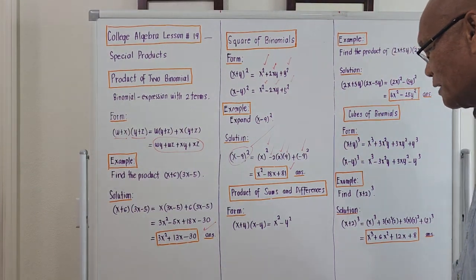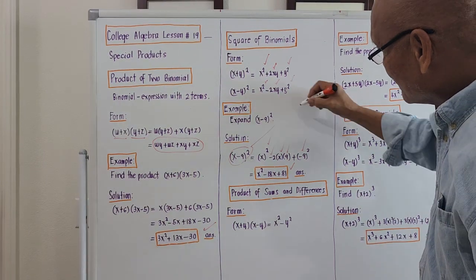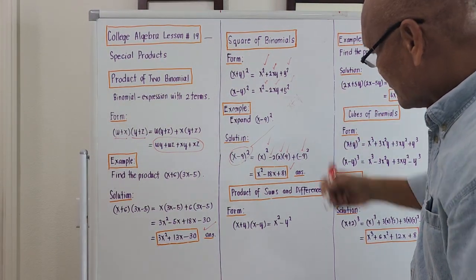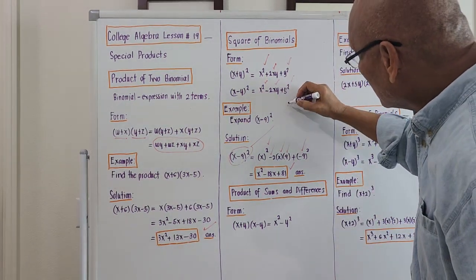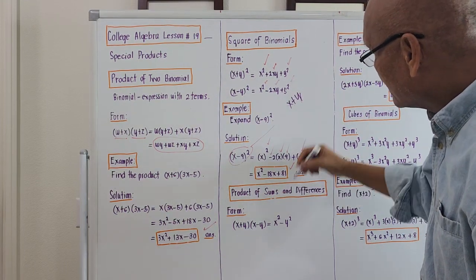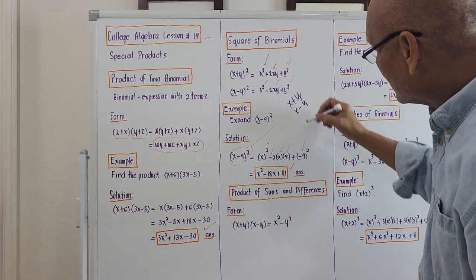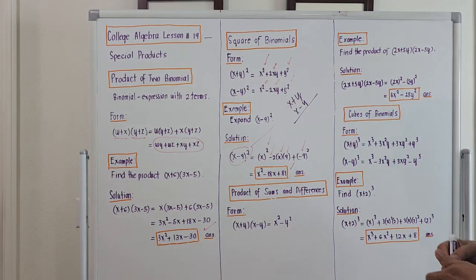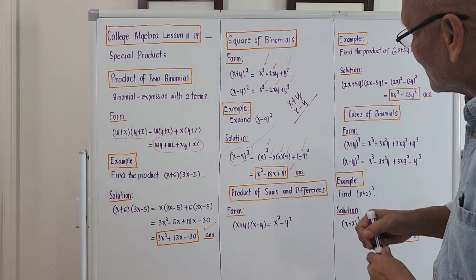You can use longhand if you don't like to memorize this one. So x plus y, that's the sum, and x minus y, that's the difference. If we try to multiply these, that's why we are under special products, or just perform the operation, right?